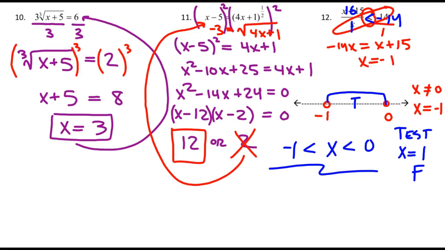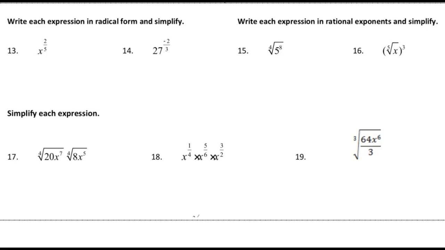Okay, all right, some hopefully quick ones here, going from exponent form to radical form. Remember, if you're going to rewrite an exponent as a radical, the denominator is the index of the root. So in this case, it's going to be the fifth root of x squared, just like that.